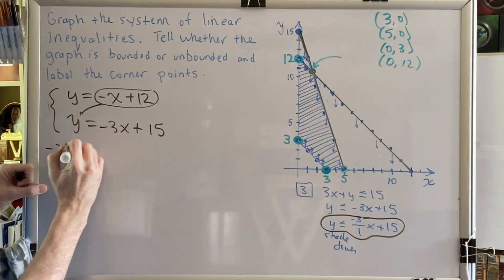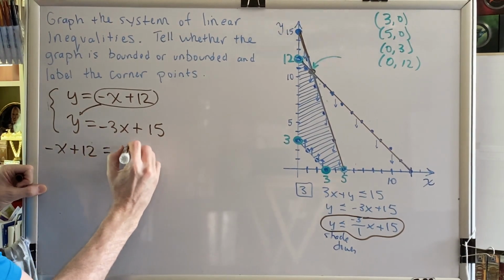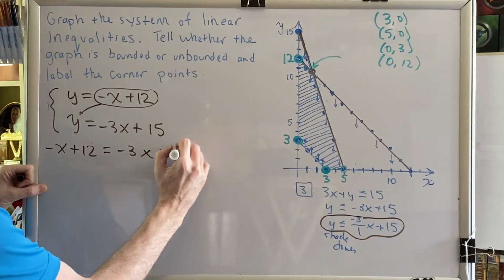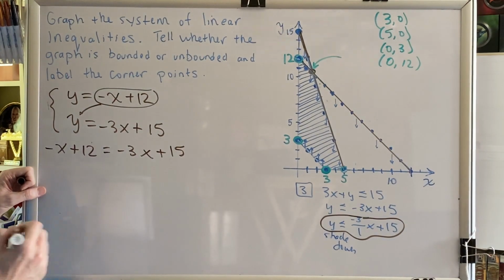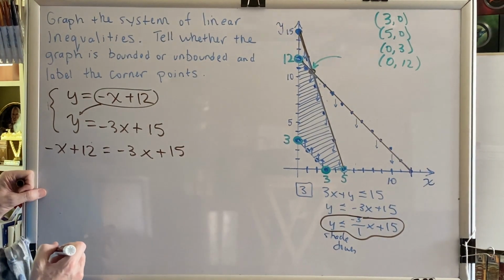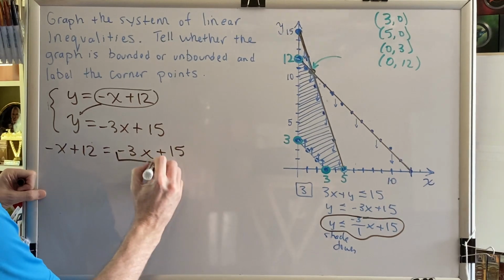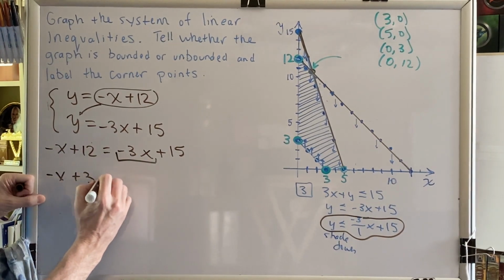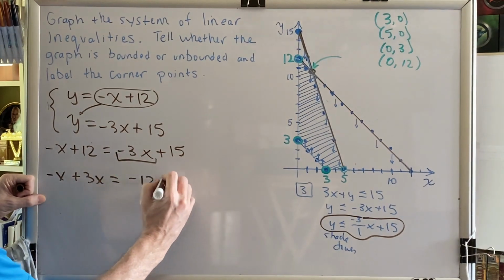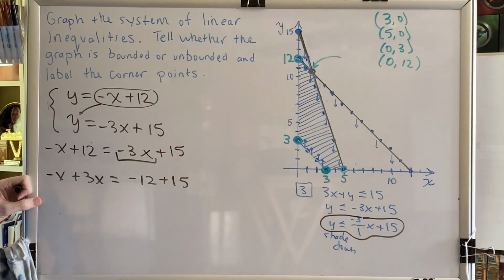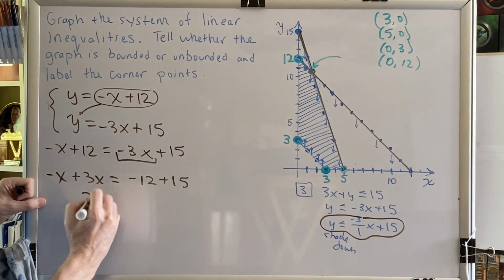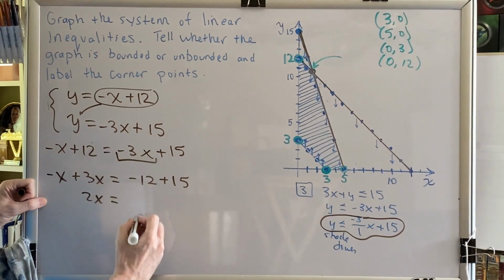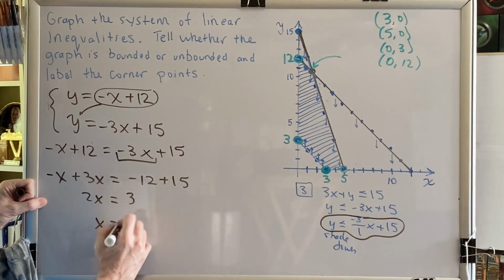So I get negative x plus 12 equals negative 3x plus 15. I'm going to move all x terms to the left and all number terms to the right. When a term changes sides, it changes signs. So negative x plus 3x is going to equal negative 12 plus 15. Negative x plus 3x is 2x. Negative 12 plus 15 is 3. So x equals 3 halves.